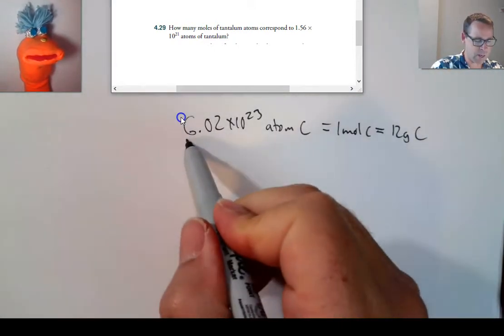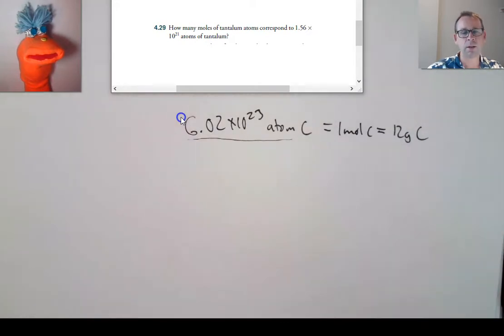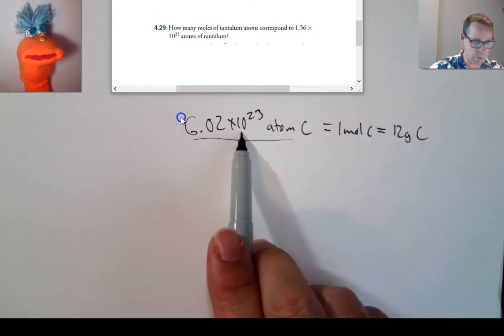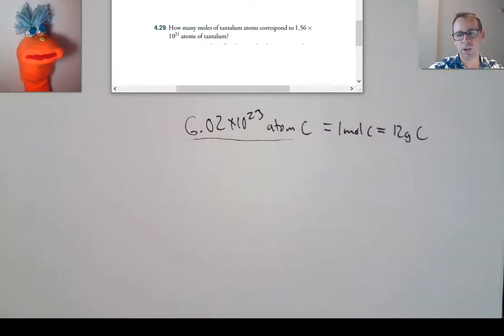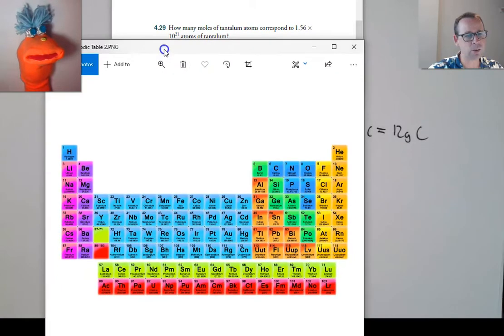Now, once we found that out, then we said, okay, how many grams are there in 1 mole of atoms of other elements, right? And those numbers are what are included on the periodic table down here.